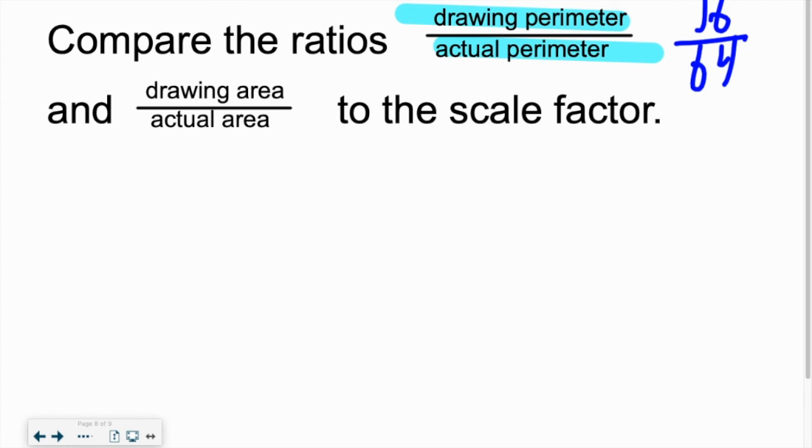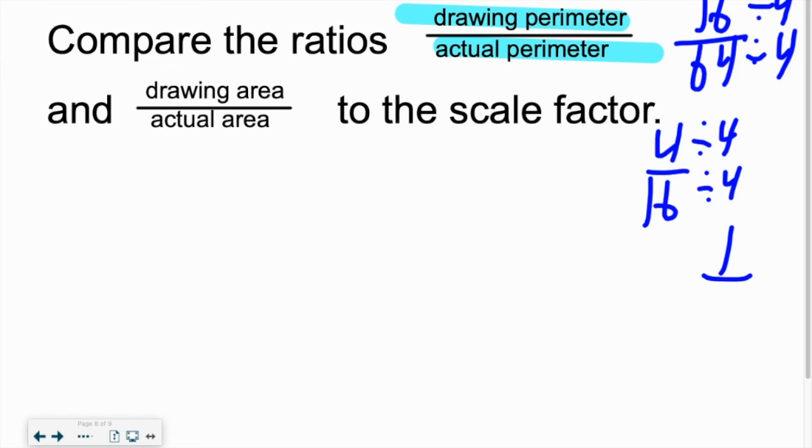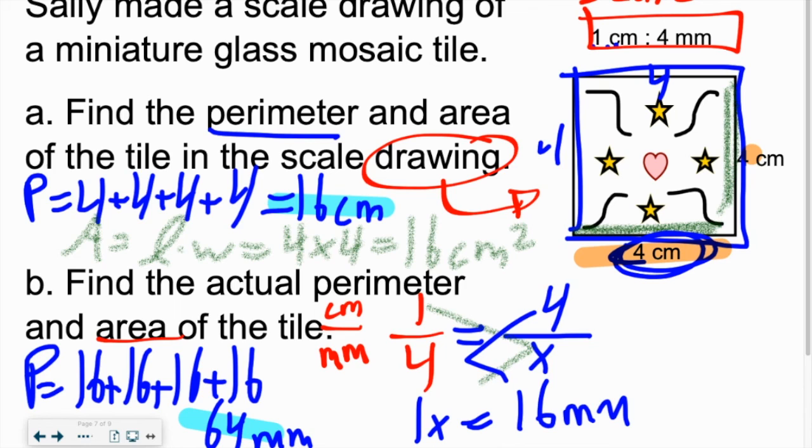If they end in 2, 4, 6, 8, or 0, divide them by 2. Or if you say Mr. Wallace, you can take a 4 out of them. Great. 16 divided by 4 is 4. 64 divided by 4, you can use a calculator if you need to, since we're working on it in class. Hey, 4/16, I can take another 4 out of those. Cool beans. It simplifies down to 1/4. Hey, that sounds familiar. 1 to 4. That's just like our scale up here. It was also 1 to 4.